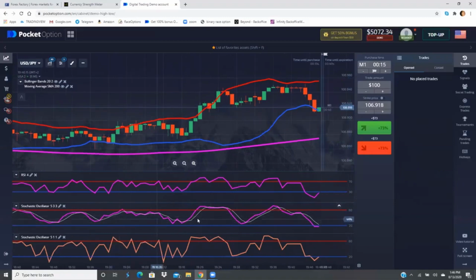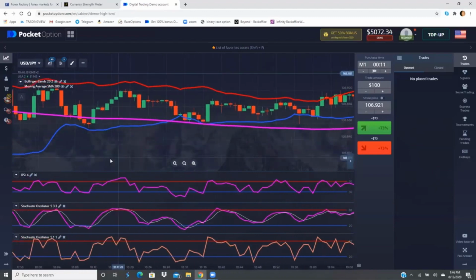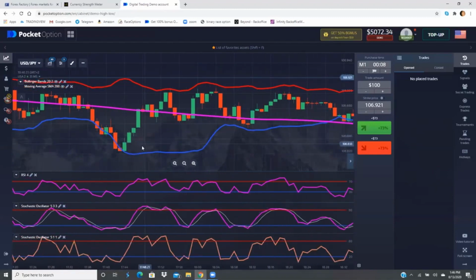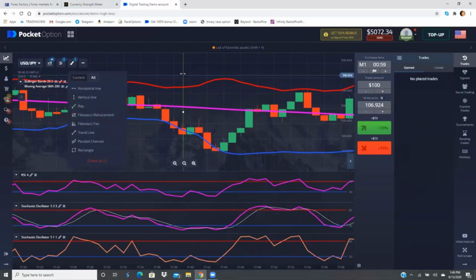So let's look for an example for a buy with the lines crossing, okay? In this example, I'm going to make a little vertical line here so you guys can see exactly what I'm talking about.